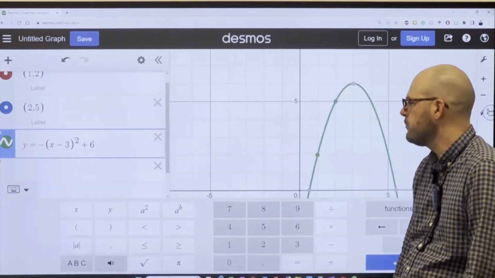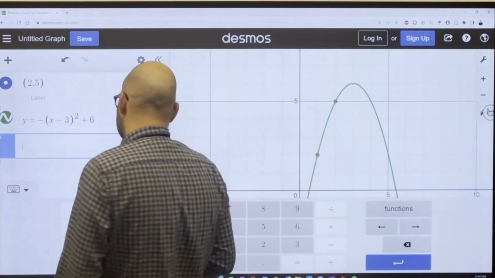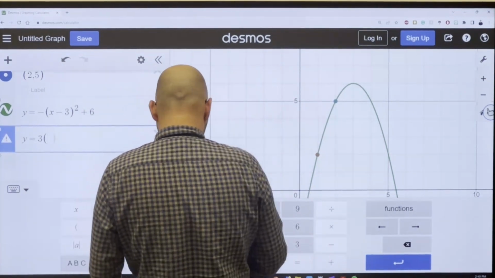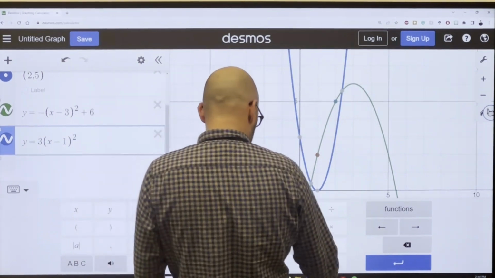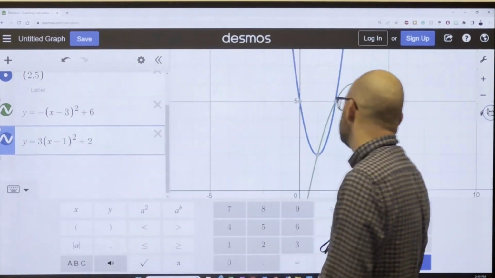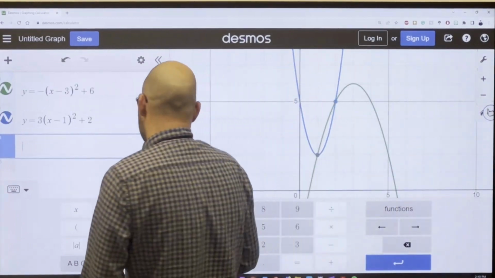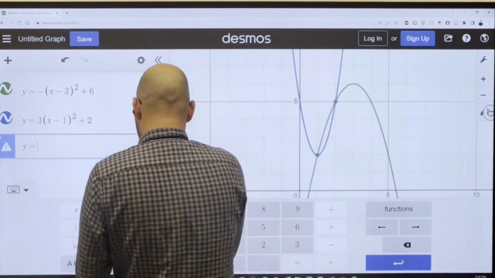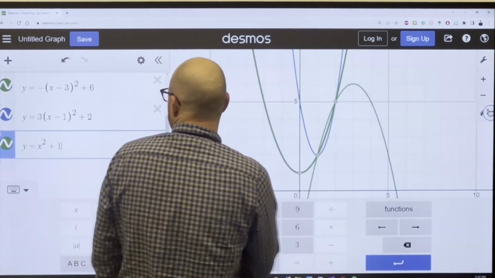Okay, cool. Anybody get a different function? I did y equals 3, parentheses, x minus 1, squared, plus 2. Nice. You got one? Y equals x squared plus 1. Oh, that's easy.